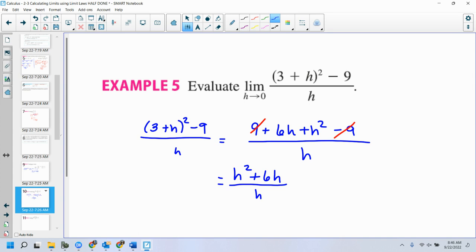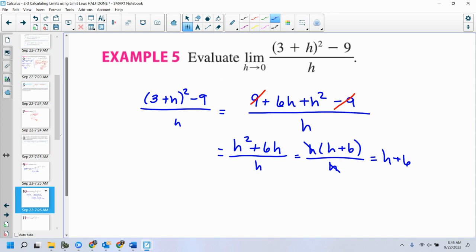I'll factor out an h to get h plus 6 over h, and that will cancel, leaving just an h plus 6. So I have now created an equivalent equation that I can find the limit of. So I can replace the function with the limit as h goes to 0 of h plus 6.